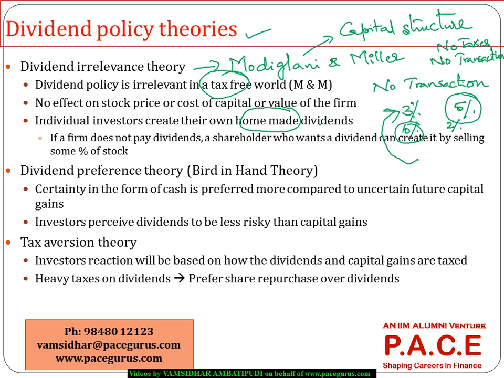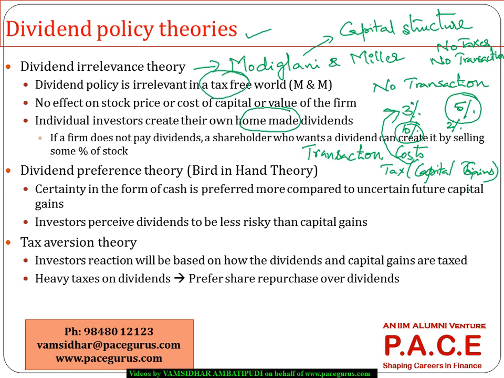But in reality, the buying and selling of these shares will result in transaction costs, and there would be gains. There would be taxes that could apply on capital gains. Because of these two things, the homemade dividend will not be possible in reality.